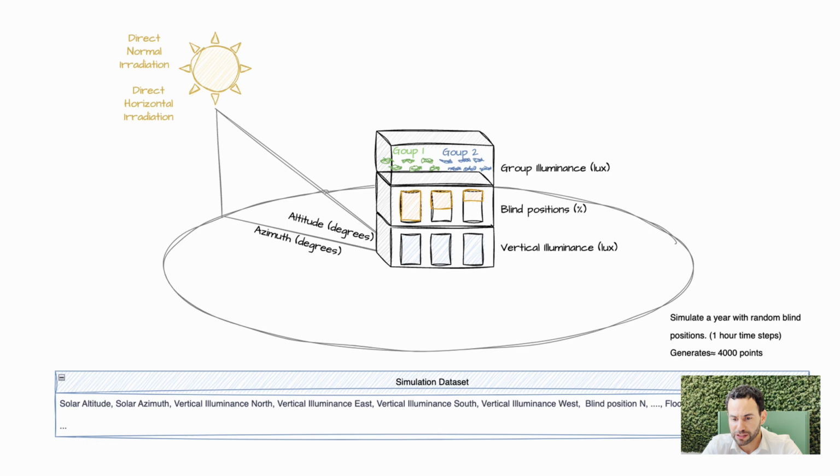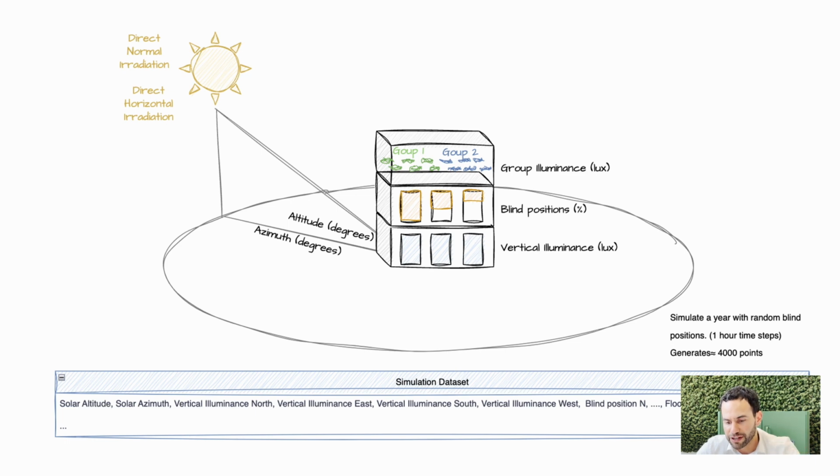To pre-train the model, we run a 1 year simulation. That's a year-long hourly simulation, which in total is something on the order of 8,760 simulation time steps for the entire year, the number of hours. At each hour, we record the altitude of the sun and the azimuth of the sun.